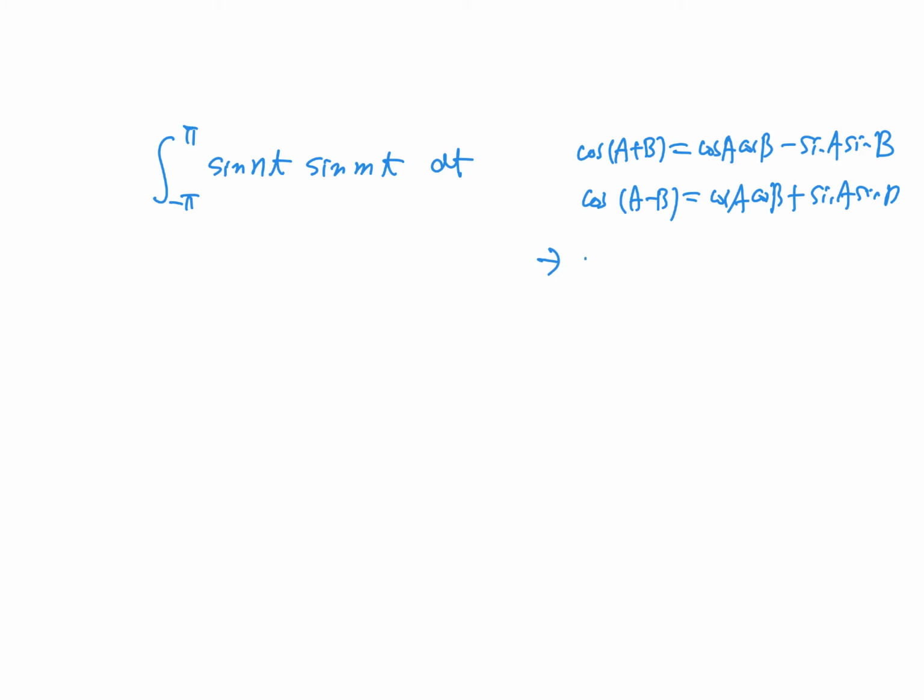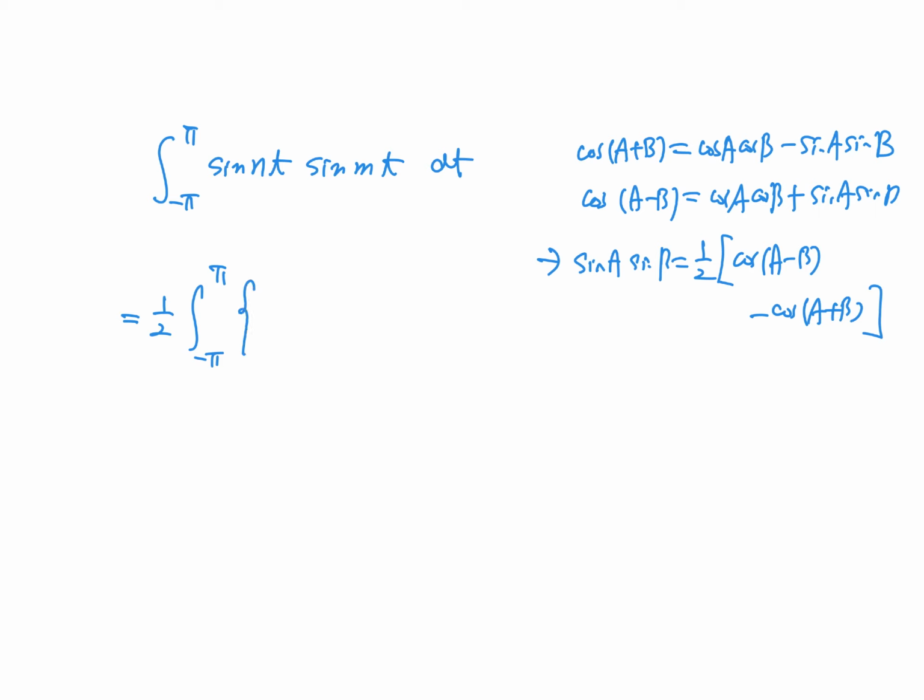So that means sine a sine b is 1/2 times cosine a minus b minus cosine a plus b, right? So we have 1/2 times the integral of cosine (n minus m)t dt minus cosine (n plus m)t dt.